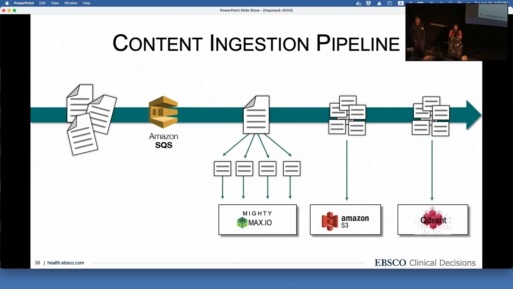Now, this is a very expensive operation, as Max had indicated, so we are storing that intermediate result in S3 prior to indexing it in Quadrant, and this allows us to quickly rebuild indexes. Additionally, when we consume content nightly, we skip the expensive operations if the content hasn't been updated recently.